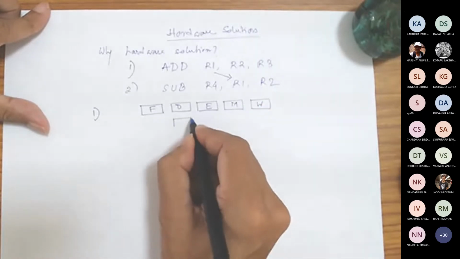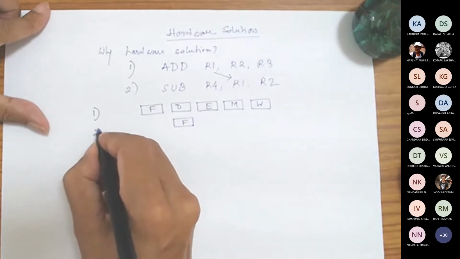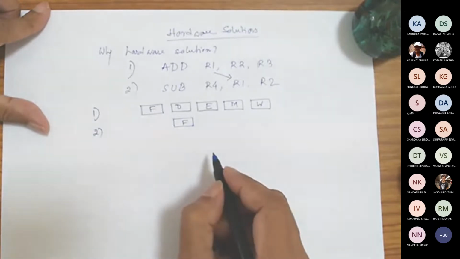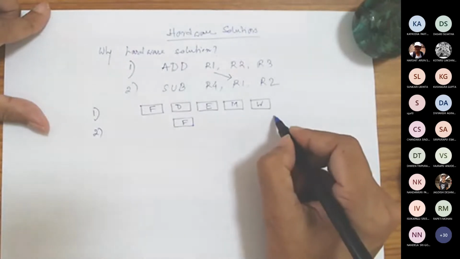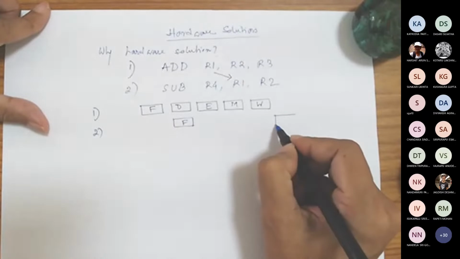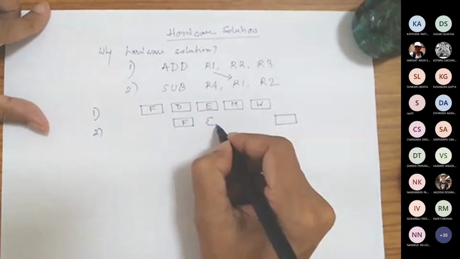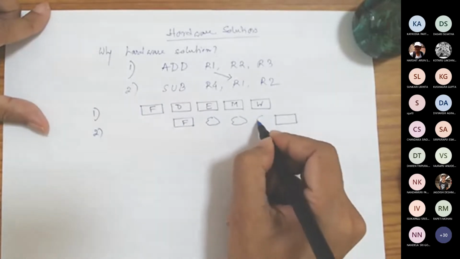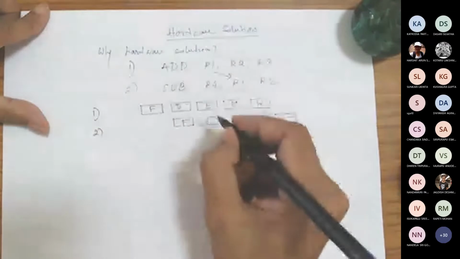Your fetch starts here for the second instruction, and its decode continues till this position. So you can say that this is a bubble, this is a bubble, this is a bubble. Nothing happens here. We call it a bubble.